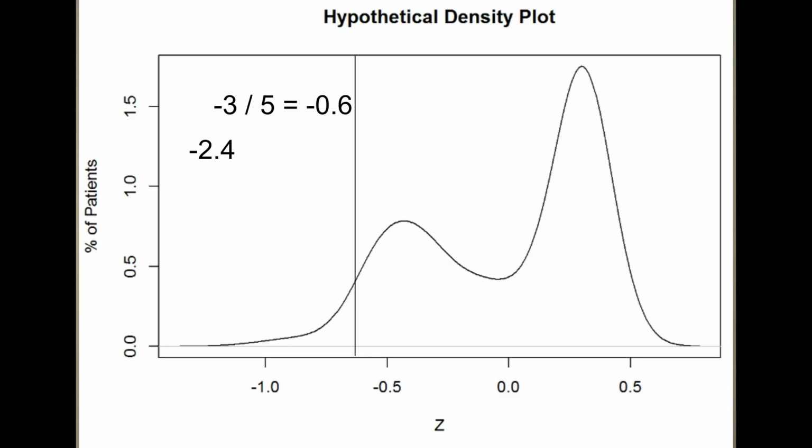Because they were missing this data point, we won't divide by 5, instead we'll divide by 4, because there are only 4 data points available for this individual. So let's see what happens. -2.4 divided by 4 gives us... Hey, look at that, -0.6. And if we put that dashed vertical line back on, this time it lines up exactly with the black vertical line. And that's why this method works for missing data.